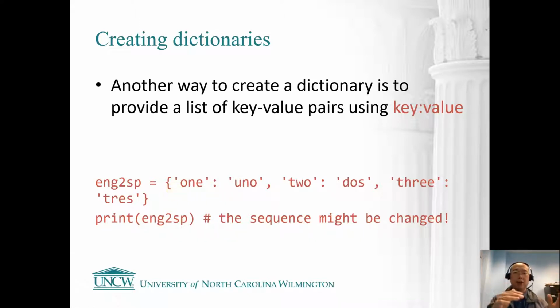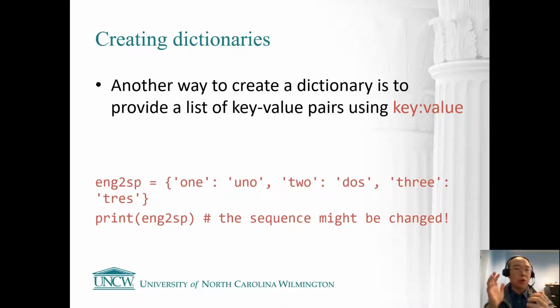But here is one interesting thing. When you create this dictionary and then print, sometimes, not a lot, but sometimes, you may find that the sequence of the key value pairs may change. This means 1 is always staying with uno, 2 is always staying with dos, but the key value pair of 1 uno may not always be the first.